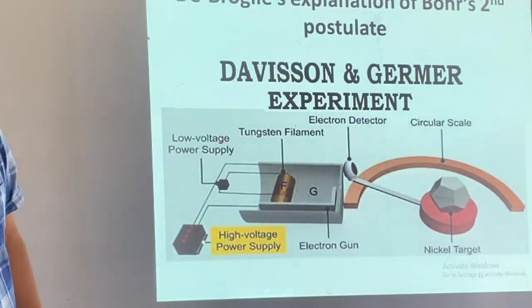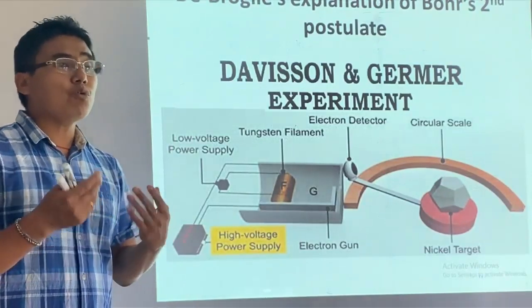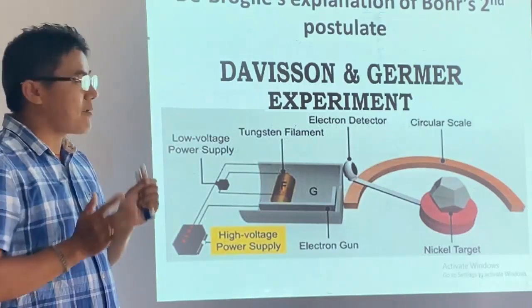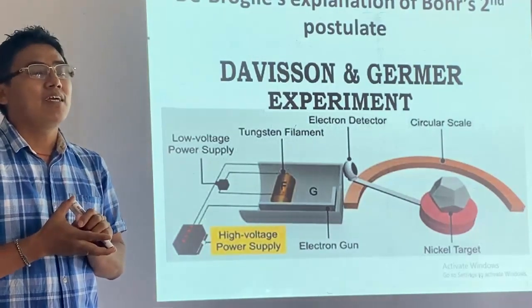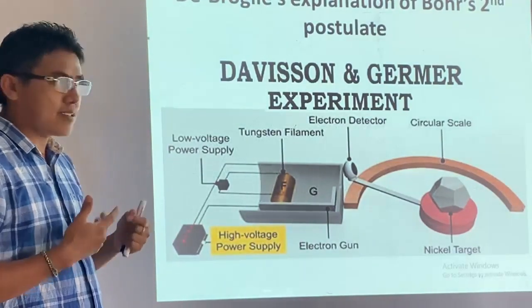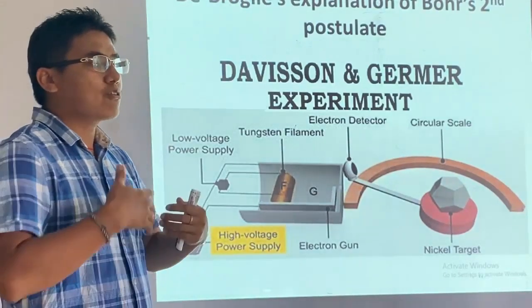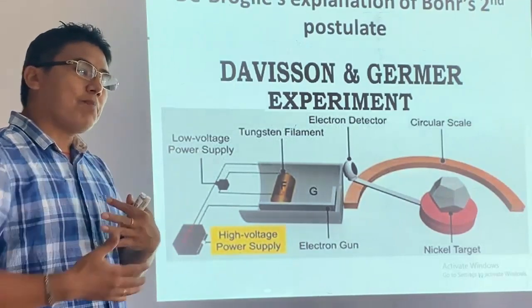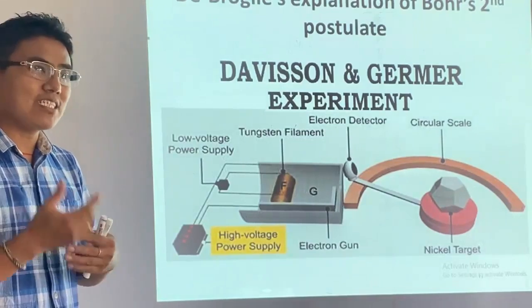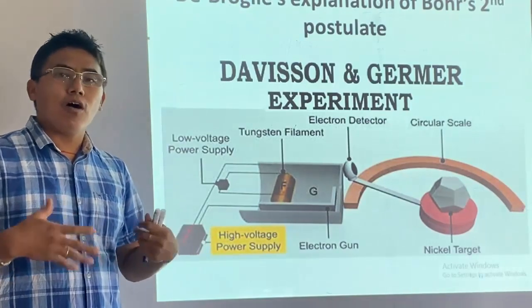Now what we are going to do is the last part. When we go through the three postulates of Bohr, the most puzzling is the second postulate, and Bohr himself never knew why the electron takes this kind of angular momentum. The electron takes particular angular momentum; this is what we call quantization of angular momentum.